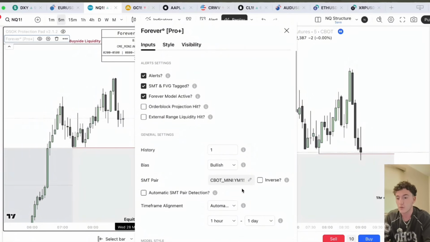A lot of you have this as an auto SMT detection, and the auto SMT detection on the indicator is linked to the S&P 500. So I turned that off and put in the Dow Jones for myself, because the S&P 500 also did not tag that hourly gap, but the Dow Jones did. That was the SMT given.